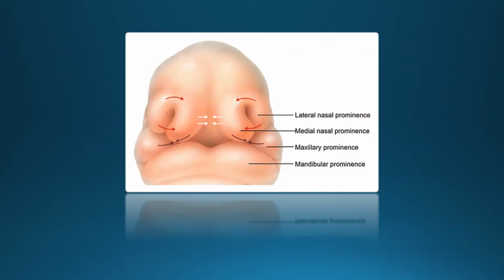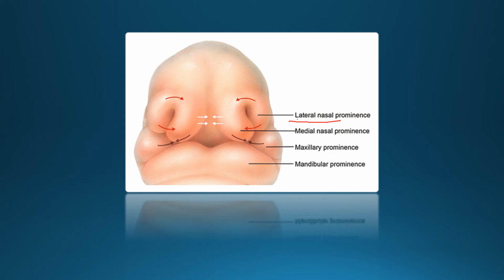Now here we can see the medial nasal prominence and the lateral nasal prominence. The lateral nasal prominence is going to form the alae of the nose. And the medial nasal prominence grows downwards, caudalwards, and forms the globular process, that is the median globular process in the nose.